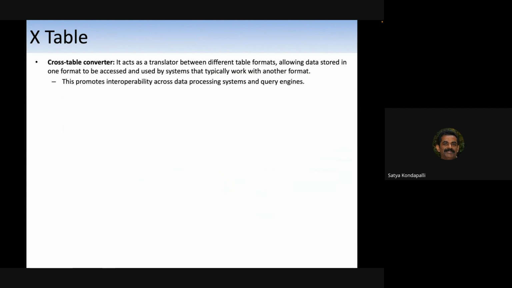This promotes interoperability across data processing systems and query engines. If you are already invested in one query engine, but another team started investing in another query engine with different table formats, crossing over between these two and converting into one format is very quick.